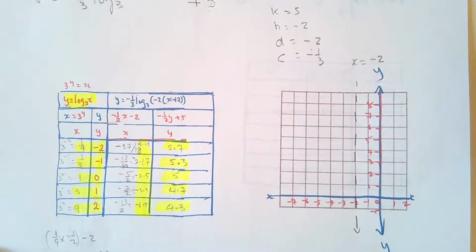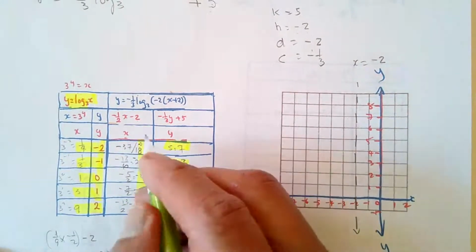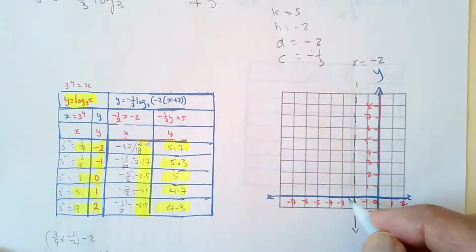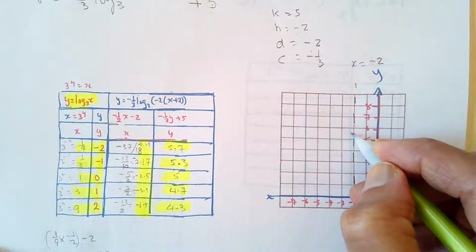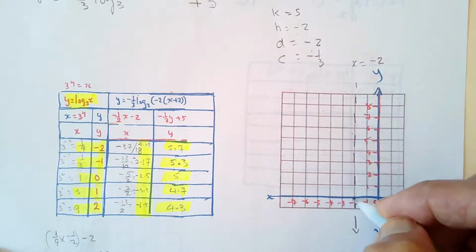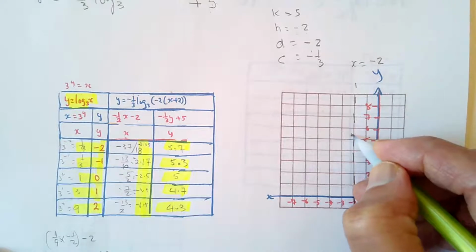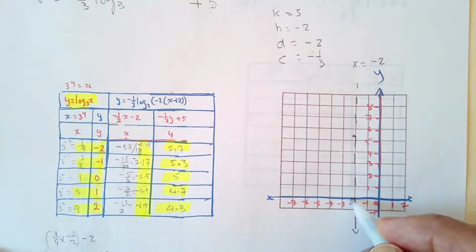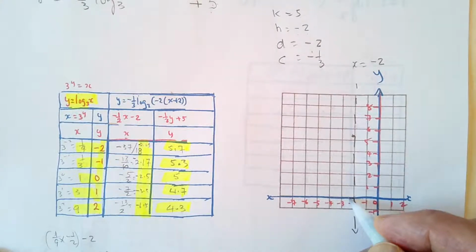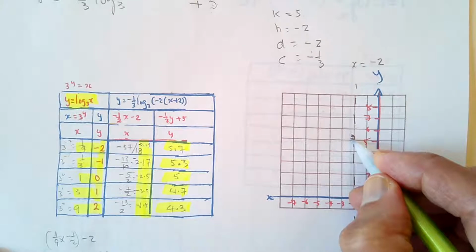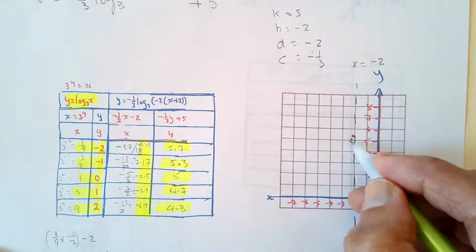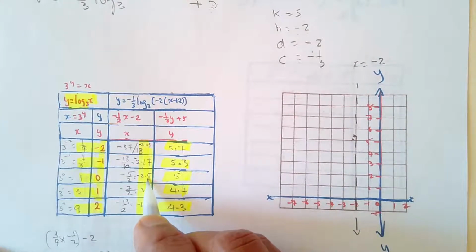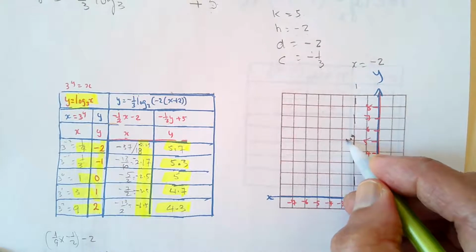So we established that. Now we go to our points. So -2.05, 5.7, which would be around here. -2.17, slightly up here, goes to 5.3. And we have -2.5, 5, about here.